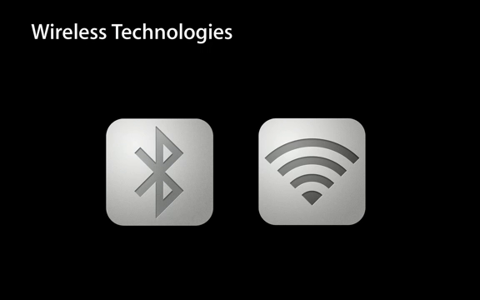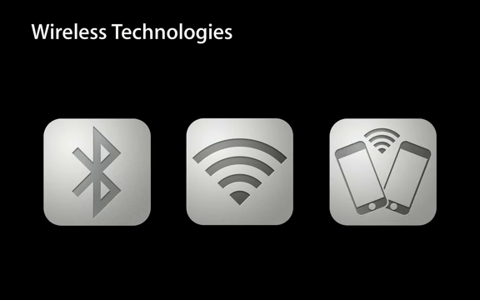Under the hood, multi-peer connectivity supports connectivity using classical Bluetooth and infrastructure Wi-Fi. And in addition, and we're very excited about this, in iOS 7, we're adding support for peer-to-peer Wi-Fi networking.